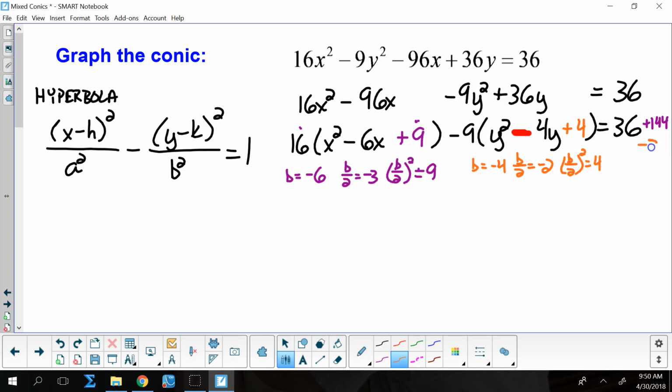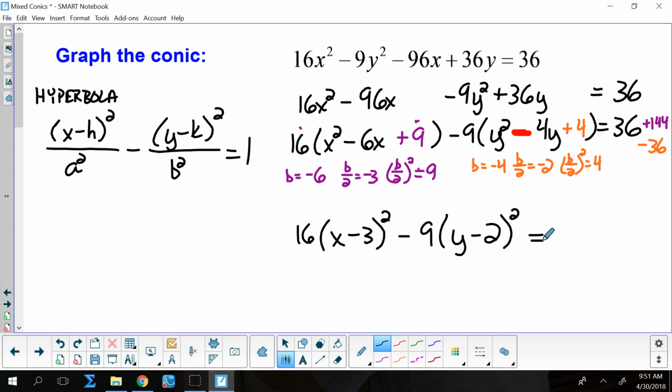So on the other side, I've got to subtract 36, or add negative 36. So now the left side of my equation becomes 16 times the quantity x minus 3 squared, minus 9 times the quantity y minus 2 squared, equals 36 minus 36 plus 144, which is 144.